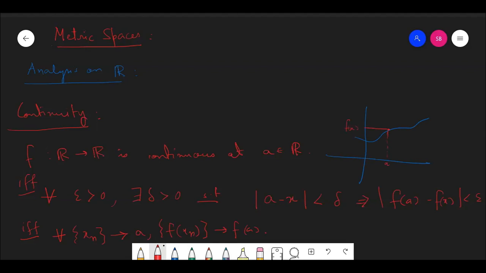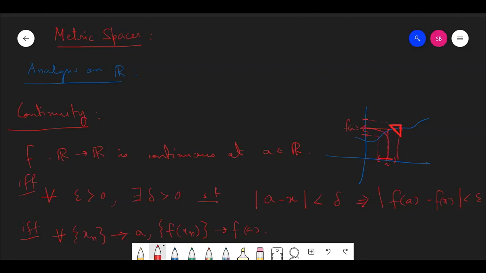So for any epsilon neighborhood around it, so any given epsilon, so this is f of a plus epsilon, this is f of a minus epsilon, we will get some delta such that, if we have like this, we can take the minimum of them, so we will have some delta around it such that all this thing is mapped within this thing.